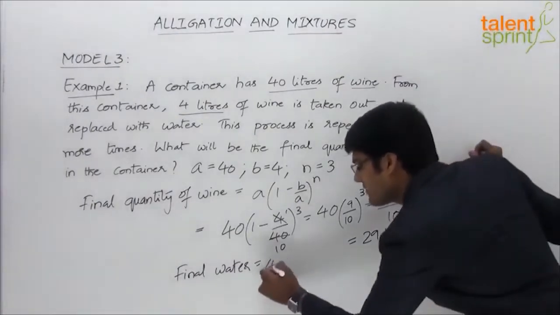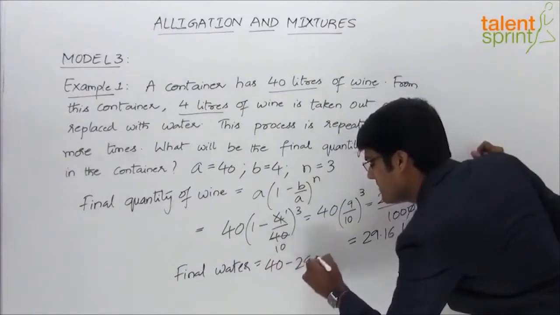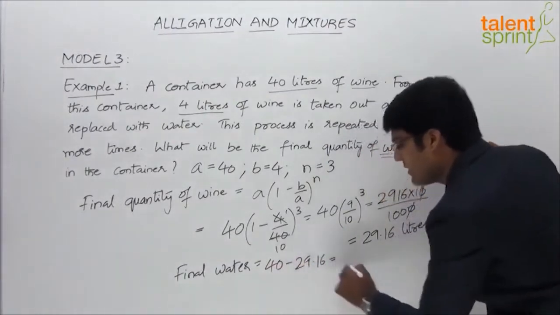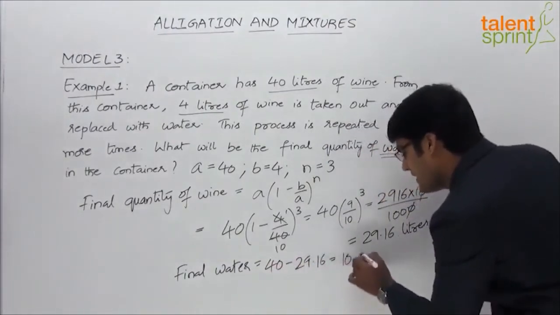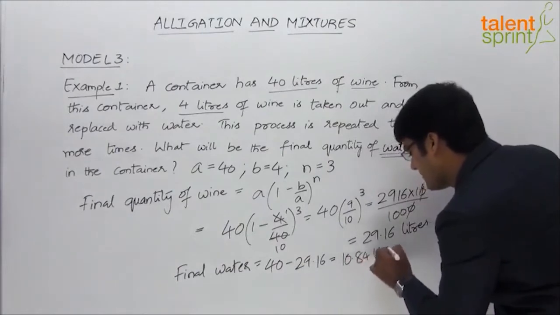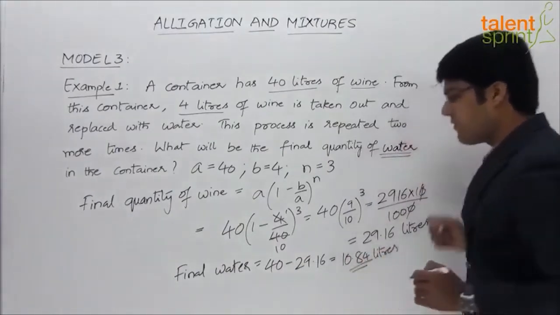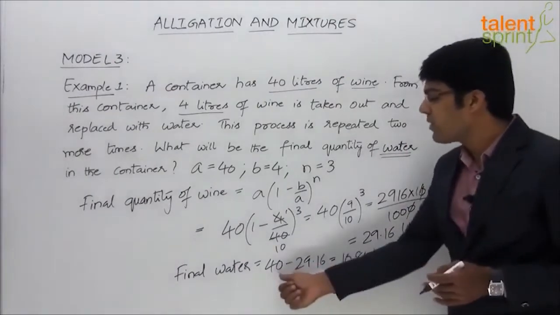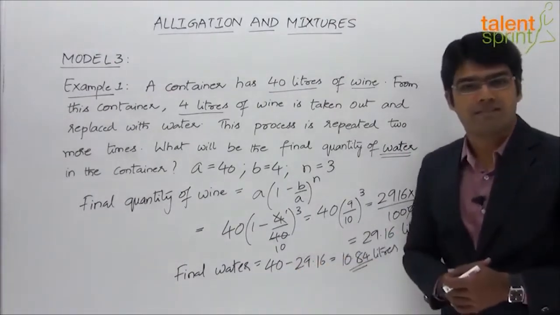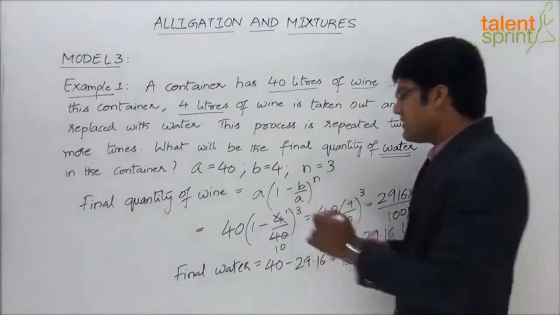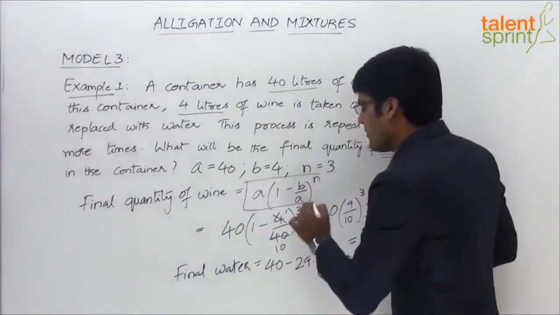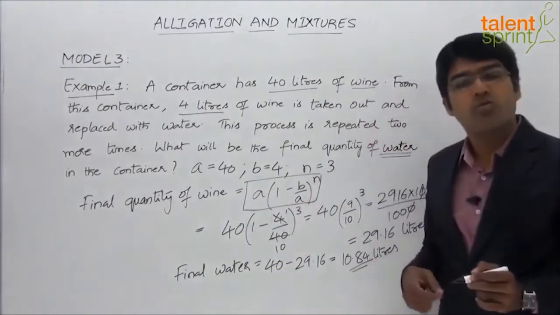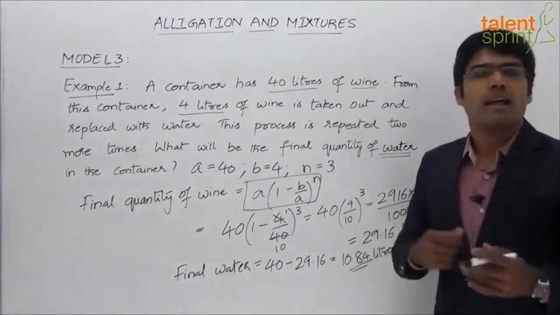So this can be taken as 40 minus 29.16, which will be equal to 10.84 liters. So the final quantity of water in this vessel is going to be 10.84, that is nothing but 40 minus 29.16. So this is how the idea is, use the formula A of (1 minus B by A) whole power n to find out the answers to questions based on removal and replacement.